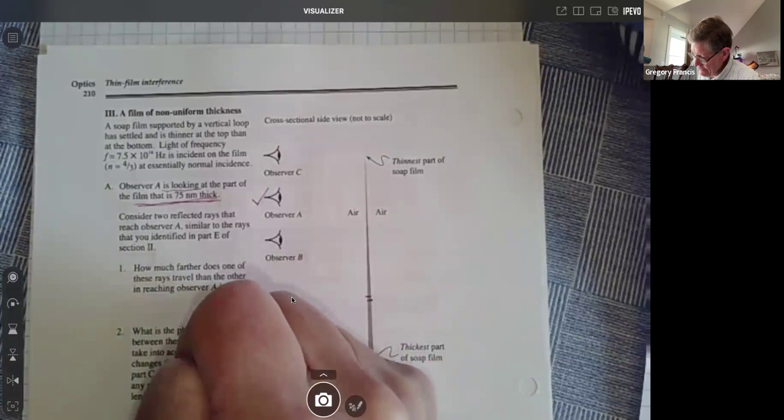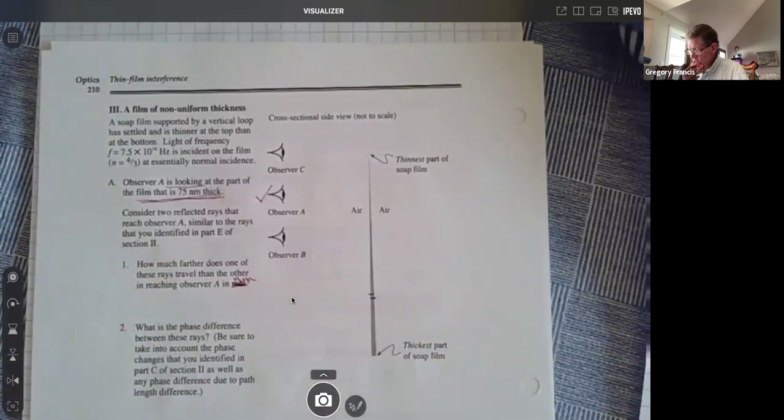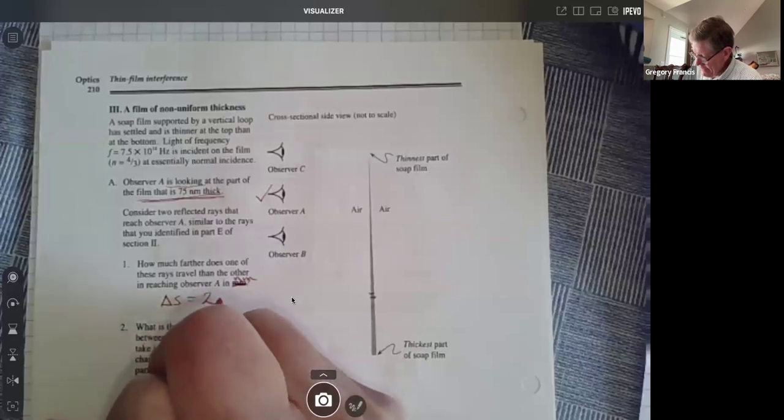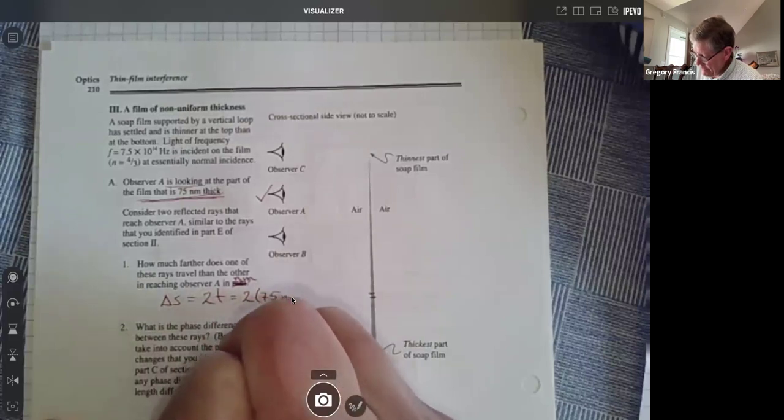Let's do it in nanometers. I think that might be a typo there. Well, I know that delta S is going to be twice the thickness, and that's twice 75 nanometers, or 150 nanometers.